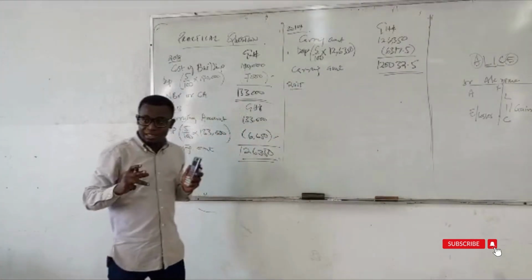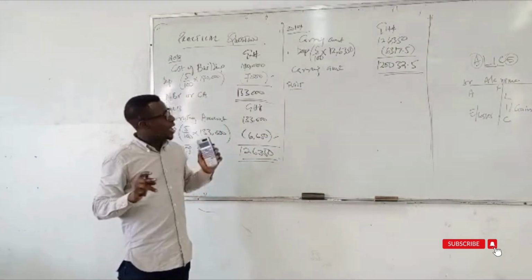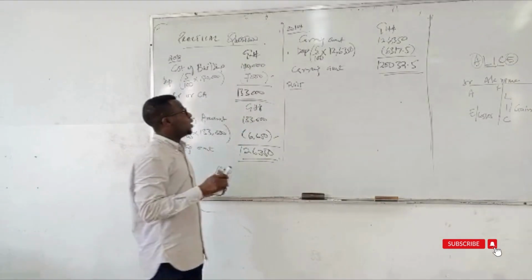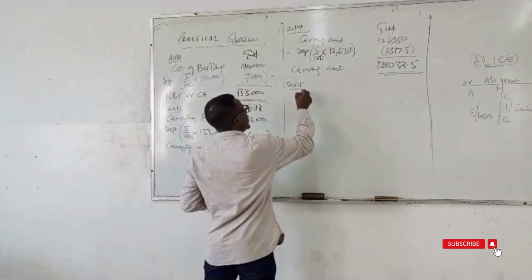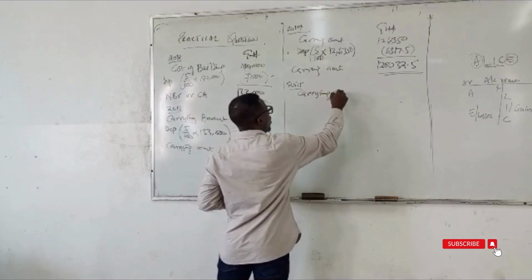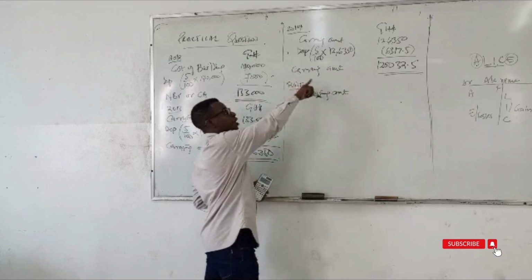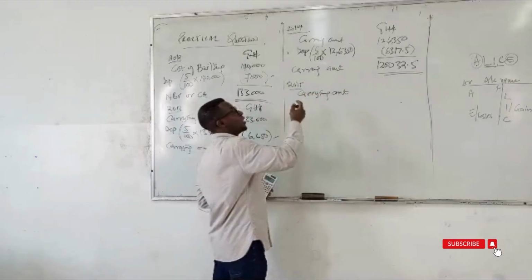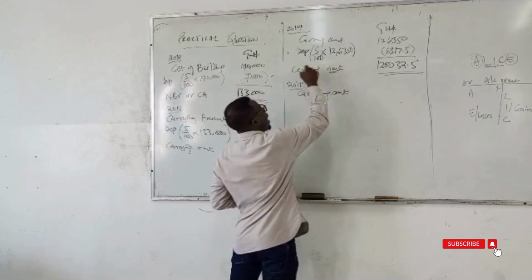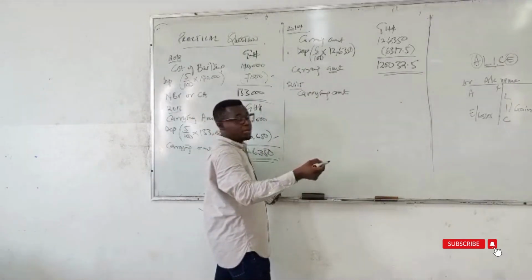Then you use another method, very simple, but I prefer we break it down this way for us to understand. Now, in 2015, we are going to have again the carrying amount. Don't forget, the carrying amount is the net book value. Carrying amount is you carry the amount you have to the next year. There you go.